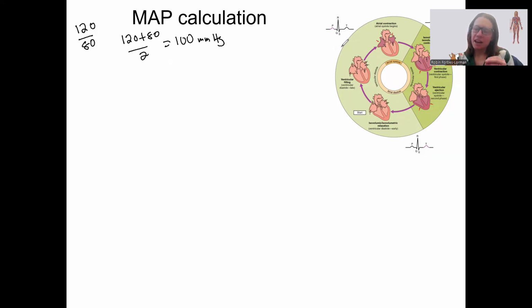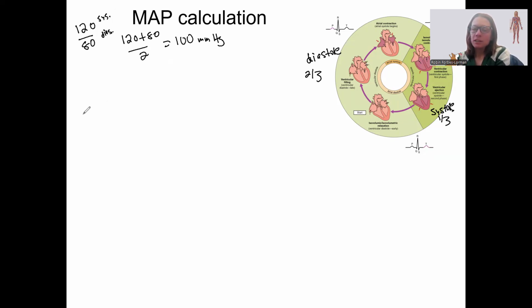We don't want to just take the average of those two numbers because the heart doesn't spend equal time at those two pressures. It spends more time in diastole, about 2/3 of the time. It spends only 1/3 of the time in systole. So could you figure out how to use those numbers to calculate, again, this is systole, this is diastole, diastolic blood pressure.